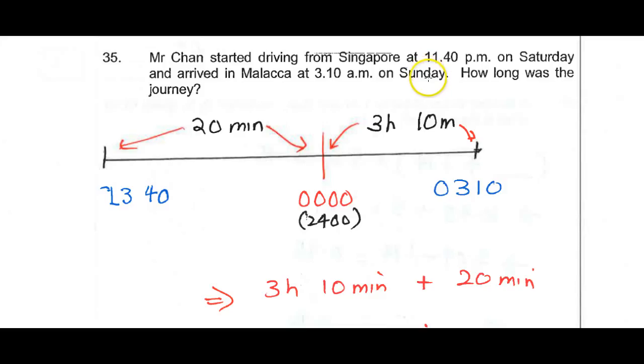So how long was the journey? So these two were given. 23:40 at night, drove after midnight to 3:10.